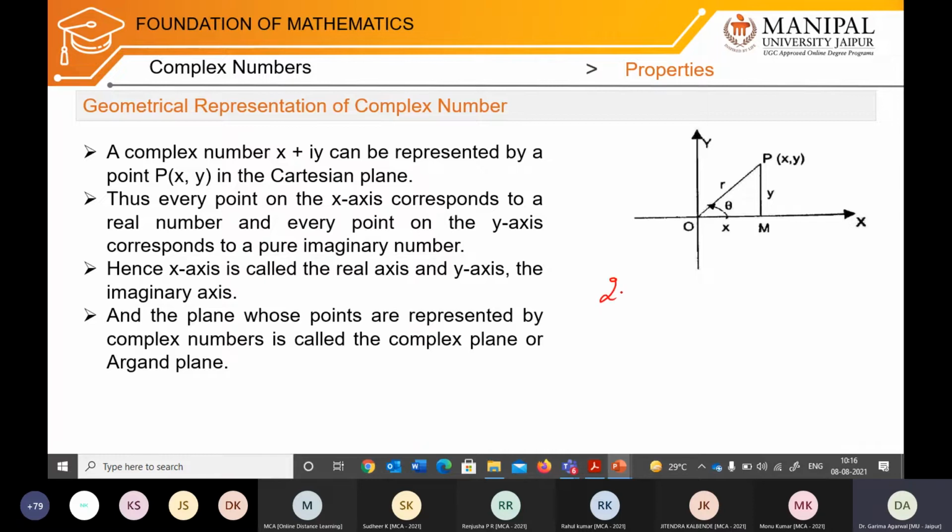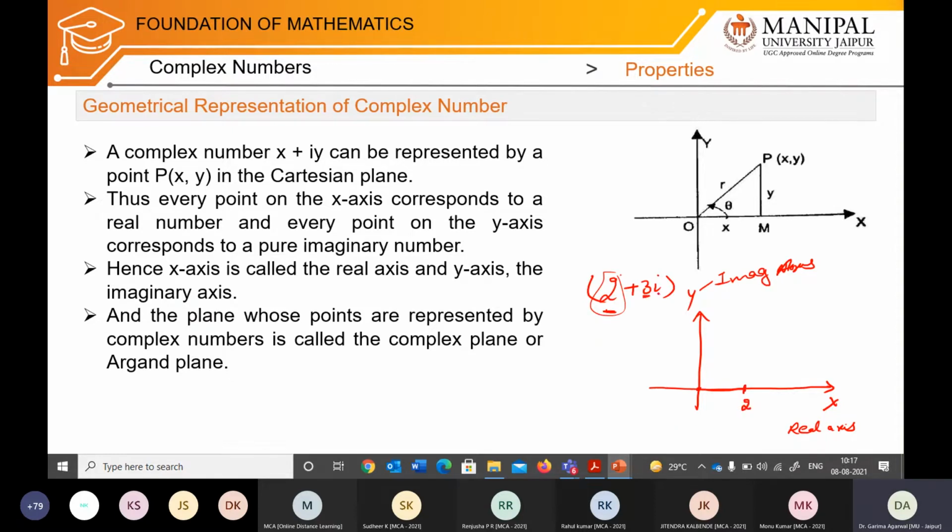Let's say I would like to denote 2 plus 3 iota in a plane. So how will I draw it? This x-axis is known as the real axis, and the y-axis is known as the imaginary axis, right? 2 means 2 unit distance from the origin on the real axis, because 2 is the real part.